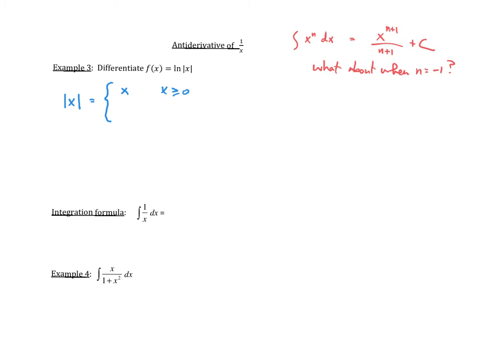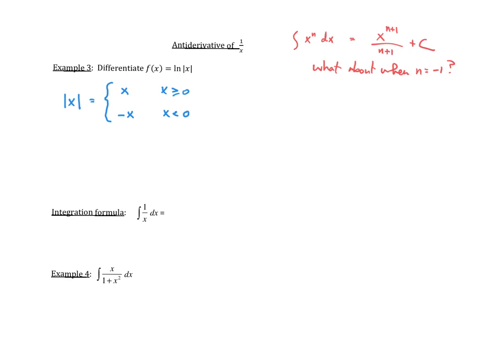Now what happens if that inside is less than 0? Well, when that inside part is less than 0, we want to make it positive. So how do you make a negative number positive? Well, you take that number and then you multiply by -1. So if it was negative originally, and then you multiply by -1, that's going to make the output positive.